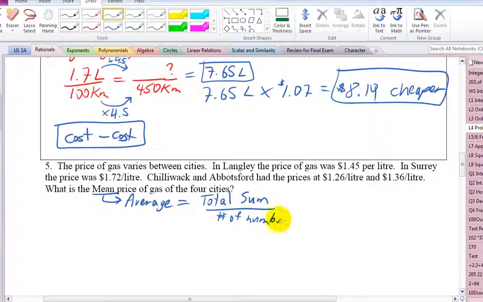Now the honors class thought they were so smart, and the smartest kid screwed it up. Make sure on your calculator that you press equals, otherwise you're only dividing the last number. You want all of them added up, so press equals, then divide.